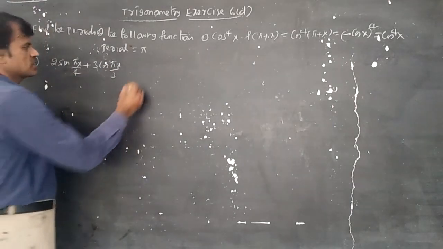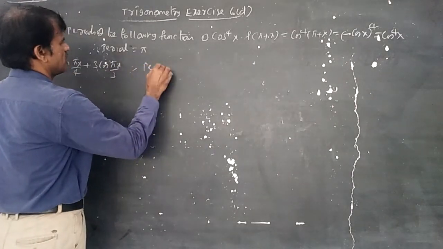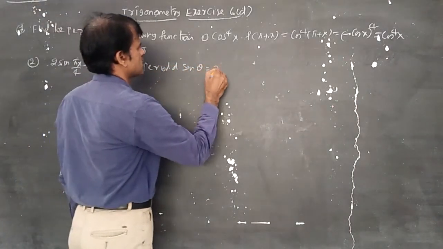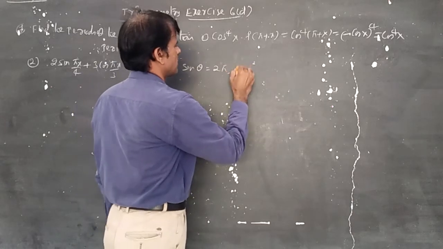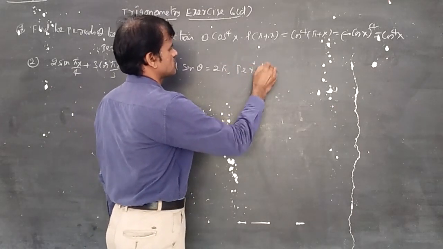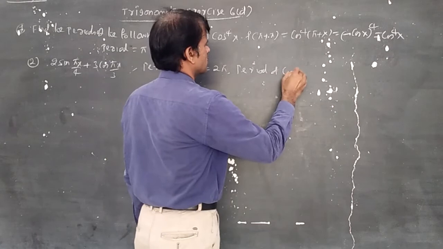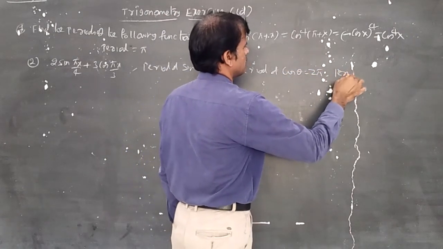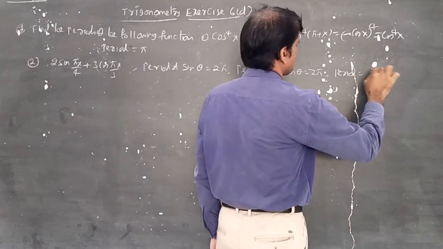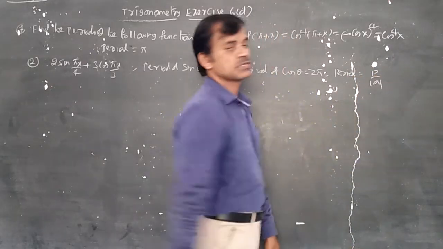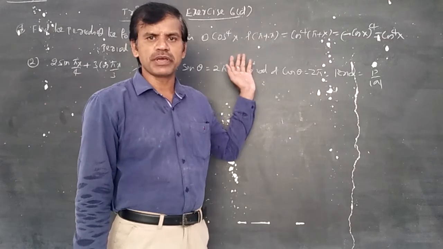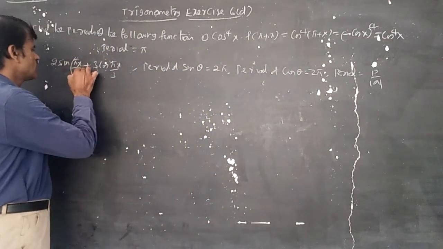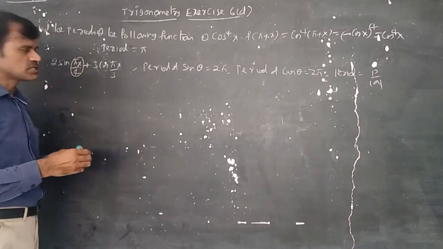For functions like these, we should calculate the period of sin x. The period of sin theta is 2 pi, and the period of cos theta is also 2 pi. The general period formula is p by modulus of a, where p means 2 pi or pi, anything, and mod a means the coefficient of x, or theta.